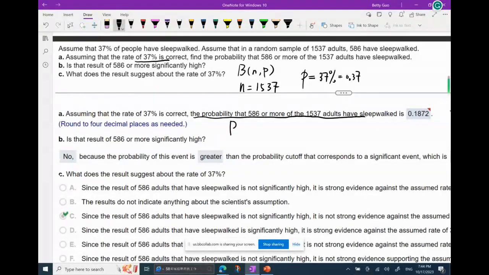So we are looking for the number of successes bigger than or equal to 586, the number of people who report that they have sleepwalked equal to or more than 586. So how do we find that? Bigger than or equal to 586. That's a lot, right?